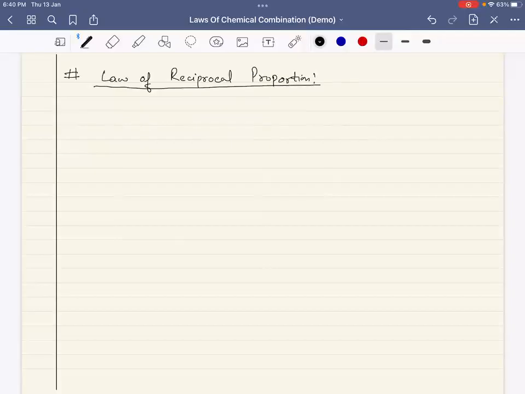Now, first let us write the definition of this law, and then we will understand it step by step.